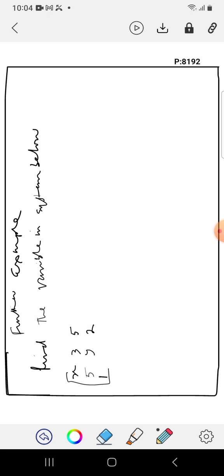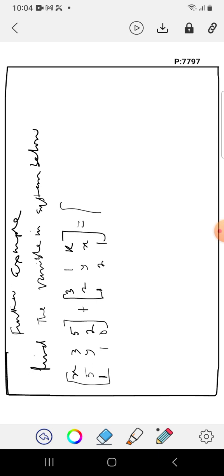Then we have 1, 1, 0, and we are asked to add it to 3, 1, k, 2y, x, and 1, 2, 1. And they say the answer will give us 3, j, 6, 7, 6, 8, and 2, t, 1.